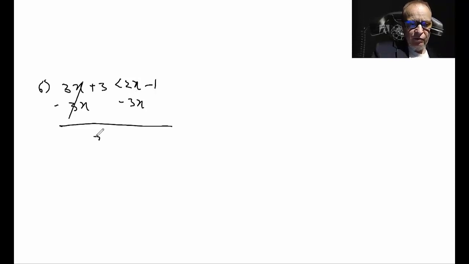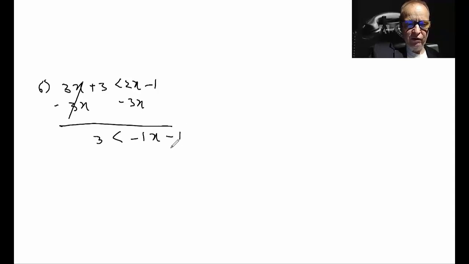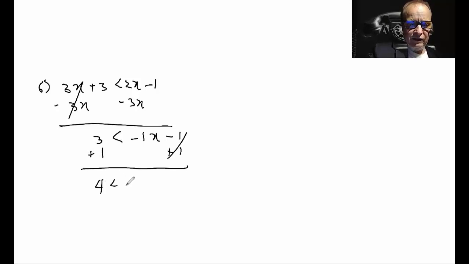And so I end up with 3 is less than negative 1x minus 1. I'll bring over the 1 here, and I'll end up with 4 is less than negative x.